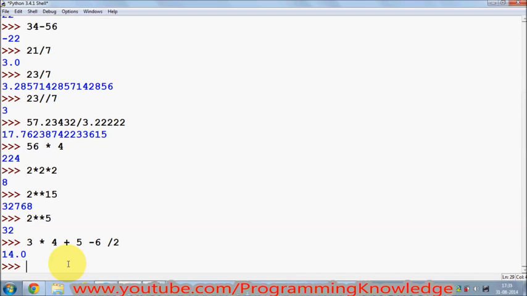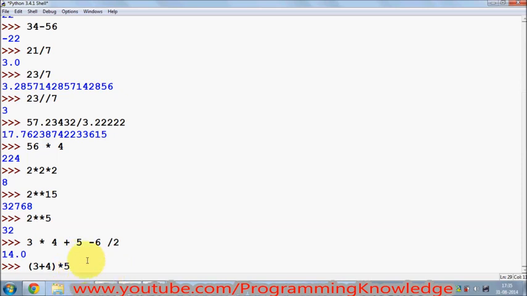So if you want to prioritize something, enclose those operations in parentheses. So if you want to do 3 plus 4 and then multiply by 5, the addition has the highest priority, and this will happen first because this operation is enclosed in parentheses, and then the multiplication will happen.